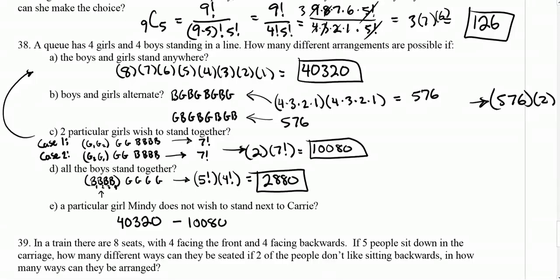So if we subtract out those, we're left with the number of ways that these 2 girls cannot stand next to each other. So 40,320 minus 10,080. And we end up with 30,240 ways this can happen.